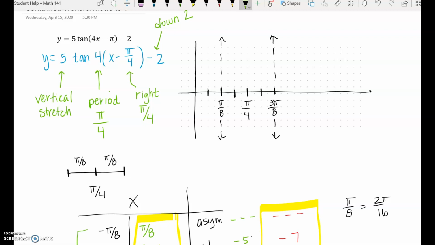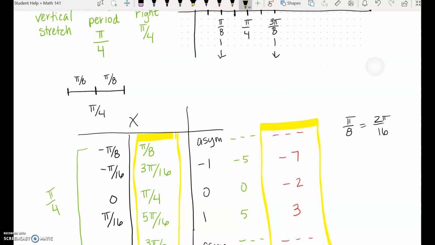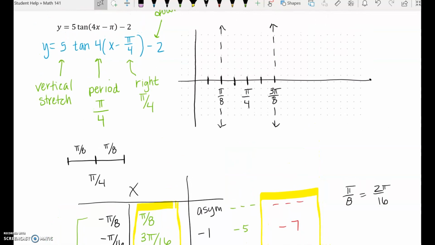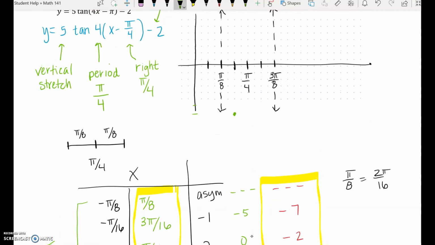And then I've got my points. I've got -7 at my quarter point here. So let's see, 1, 2, 3, 4, 5, 6, 7. It's way down here. In the middle of my graph, I'm at -2, which looks like it's around here.